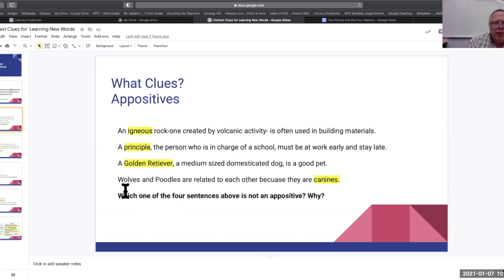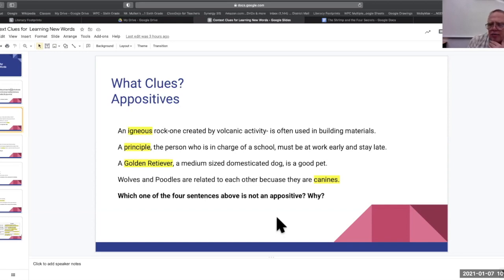This last one, wolves and poodles are related to each other because they are canines. The word canine, is it used in an appositive? Can you find an appositive around it to define it? Thumbs up or thumbs down? Do you see the appositive?